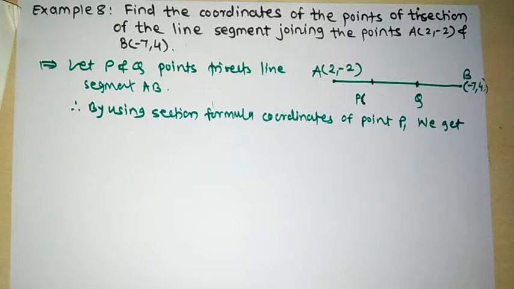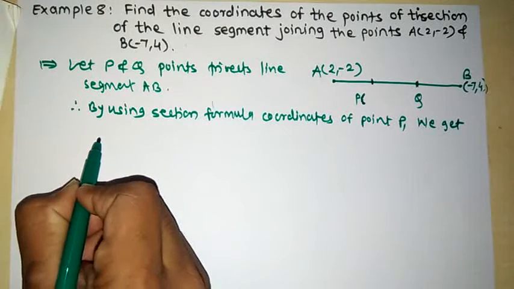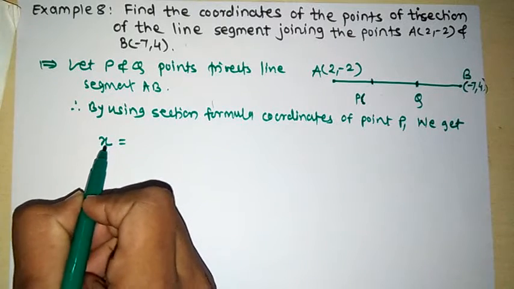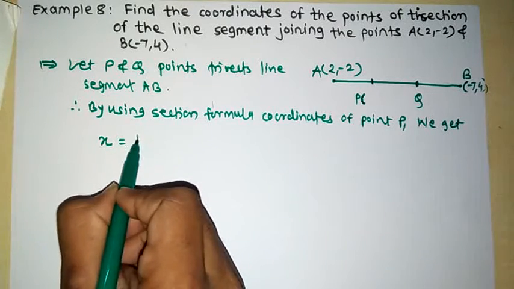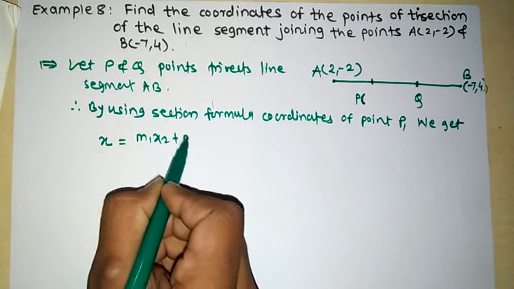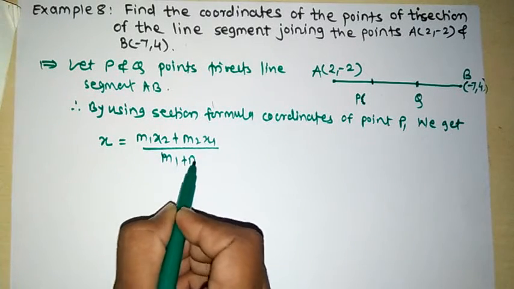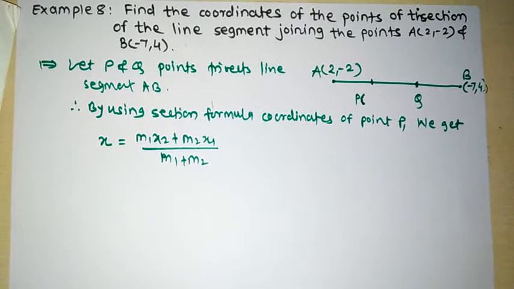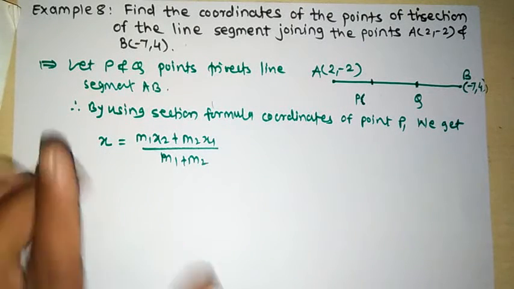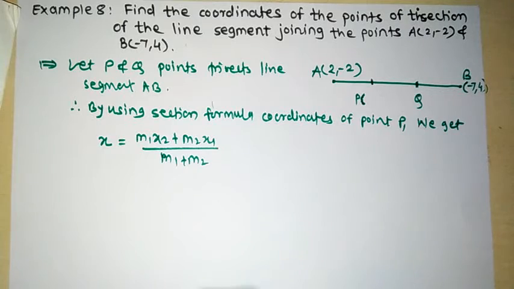We will find the x coordinate of the point P. We know the formula: x coordinate of the point P is equal to m1 into x2 plus m2 into x1 divided by m1 plus m2. This is the section formula. We know this to find the x coordinate. Now we will put all the values here.